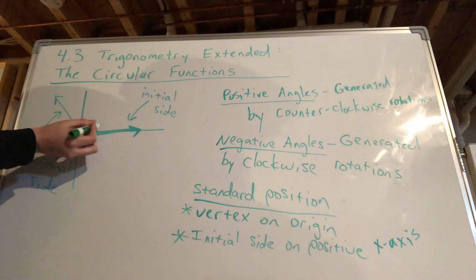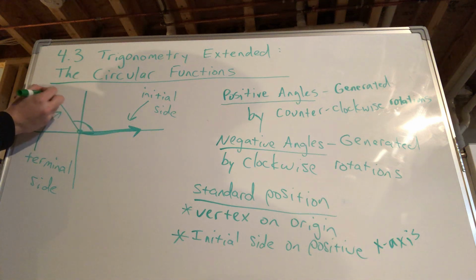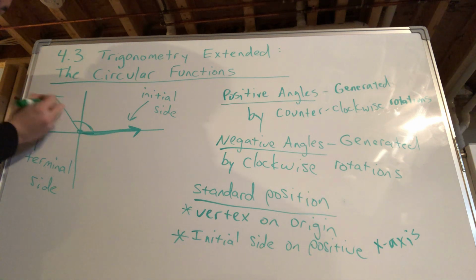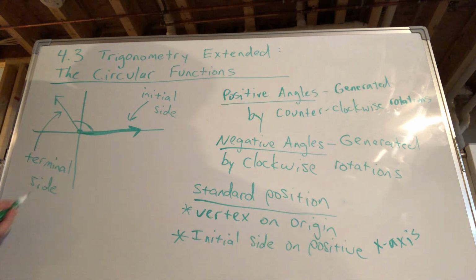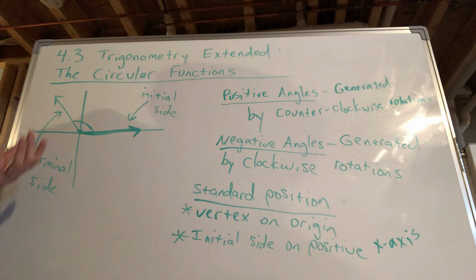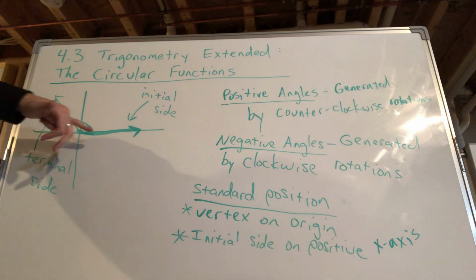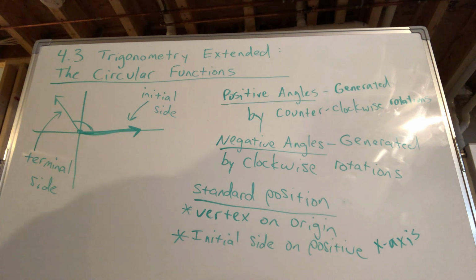So if you open your terminal side up to 120 degrees, that right there would look like a 120 degree angle. I guess I could write 120 in there if I wanted to, but that would be a 120 degree angle.